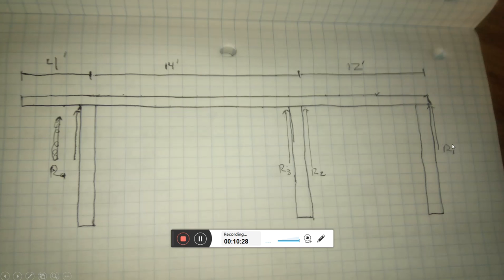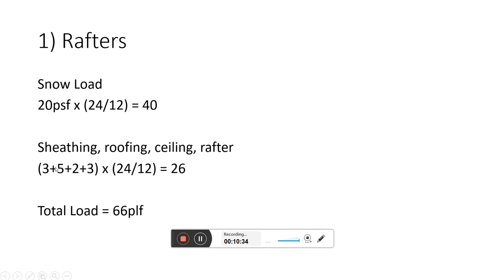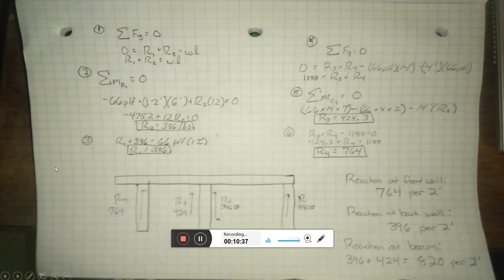So I've assigned this wall R1, this wall R2, this wall R3, and this wall R4. So essentially what this is saying is that the sum of R1 and R2 have to equal the load that's placed on them.